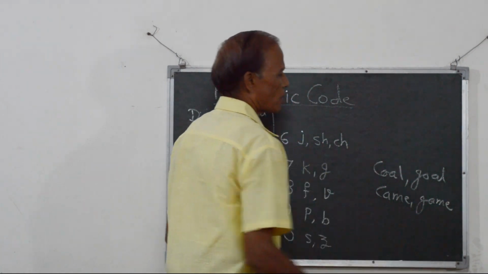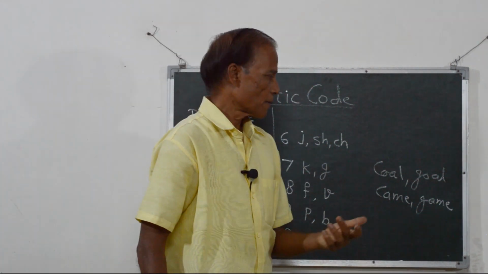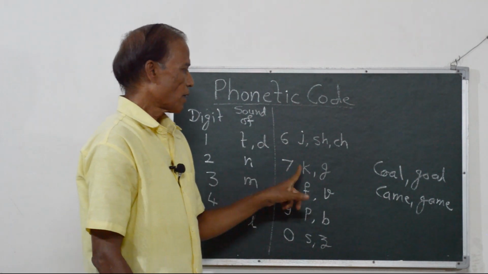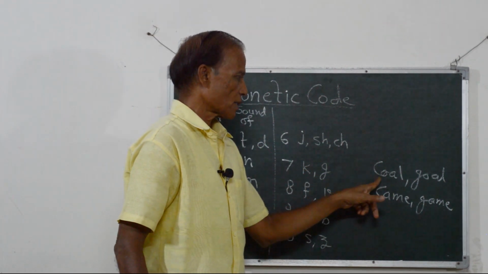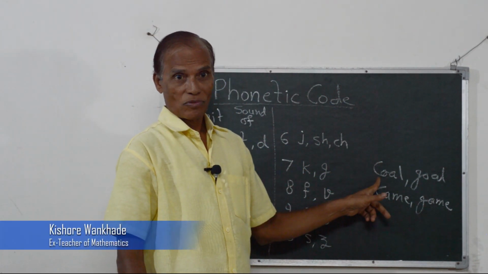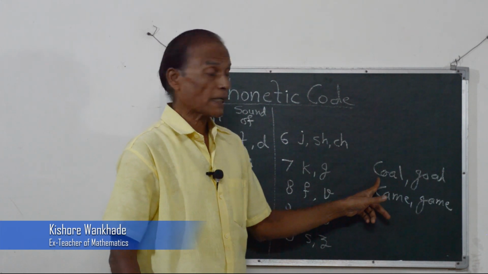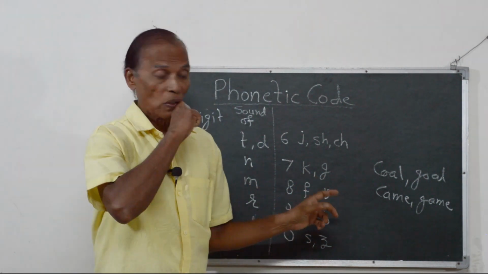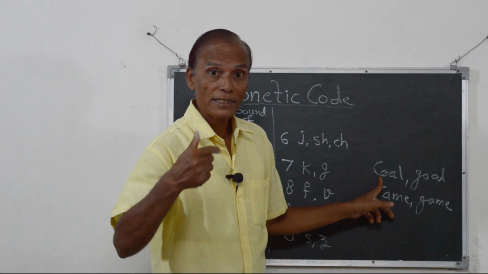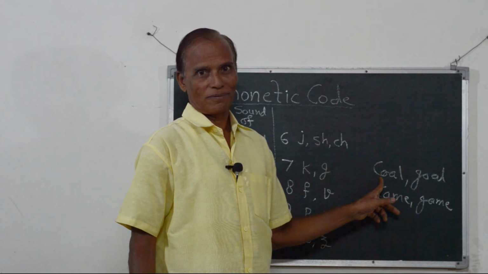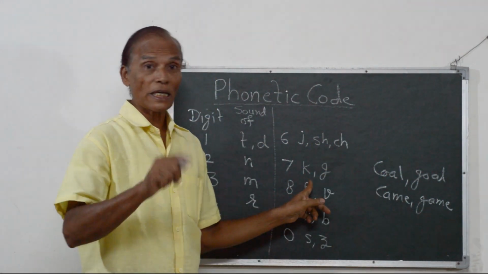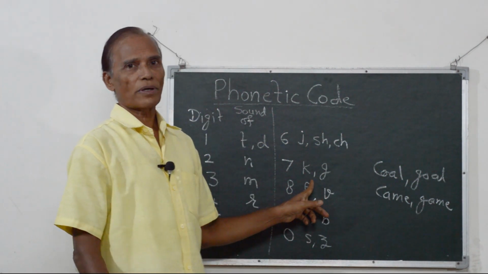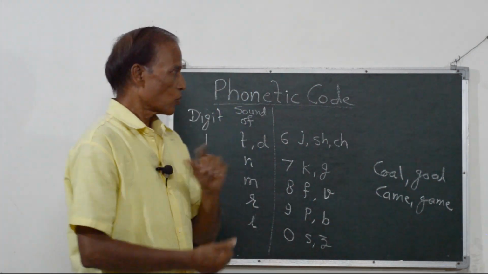Now you will ask definitely one question here. Here I am saying K and here I am using C. But that's why I told you, friends, it is the sound of that letter. Here C sounds as K, coal. So it is the sound of K. So that is important in this code.